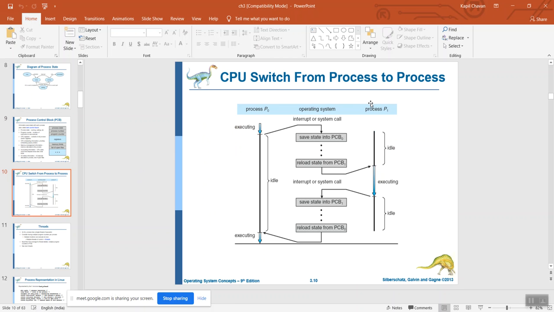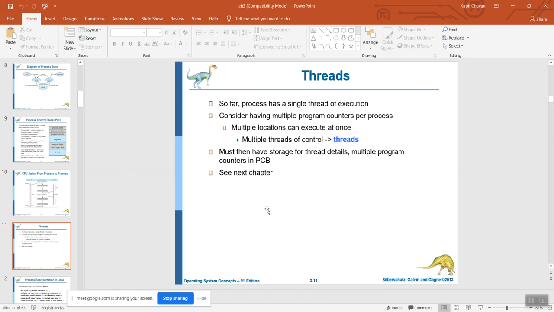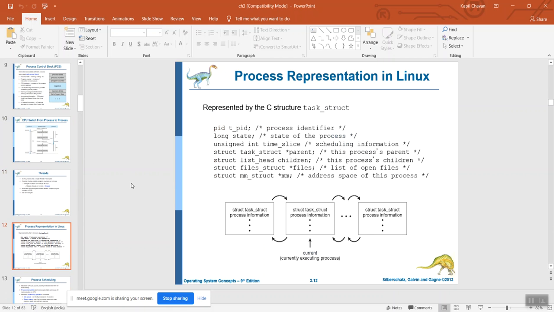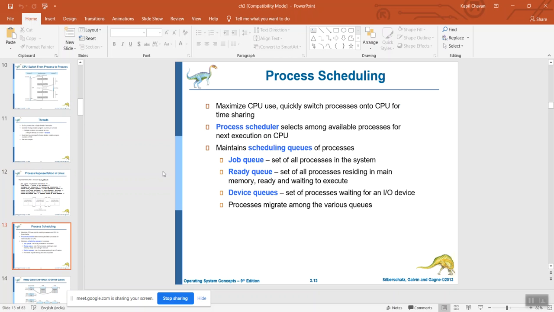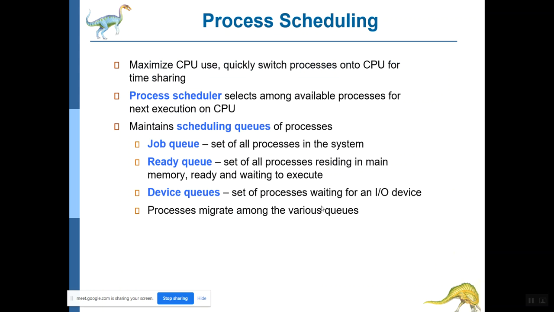This is the diagram we discussed in yesterday's lecture. Then we saw some concept of threads, and how we represent the process in Linux. Now it is about process scheduling, how the processes are going to be scheduled. Which mechanism is used to schedule the process, that we have to understand.